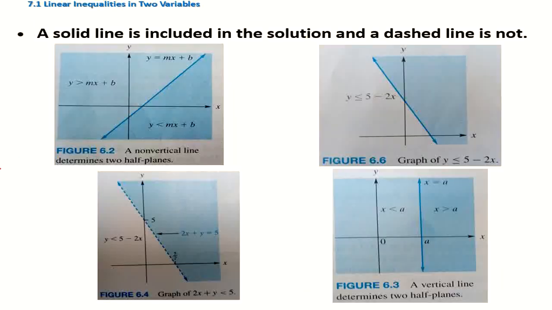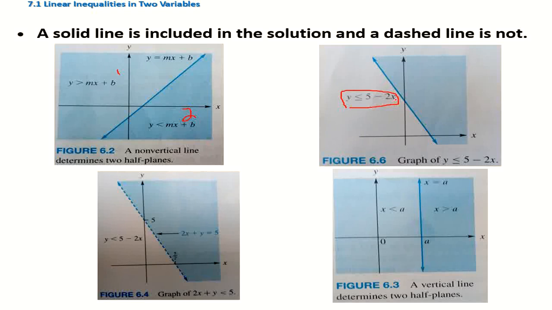Now some graphs have been given here. For y greater than mx plus b, we have drawn a rough graph. The line is y equals mx plus b. Above the line is y greater than mx plus b, below the line is y less than mx plus b, and the line itself is the third part. So the entire xy plane can be separated into three parts when we draw a straight line. Some examples have been given. Try y less than or equal to 5 minus 2x.